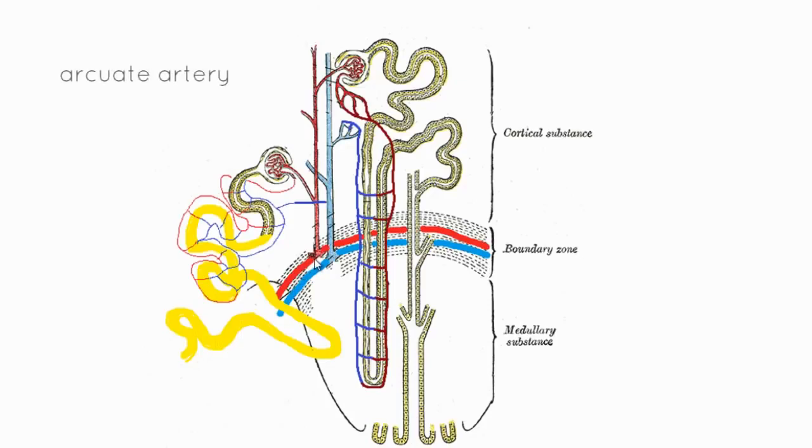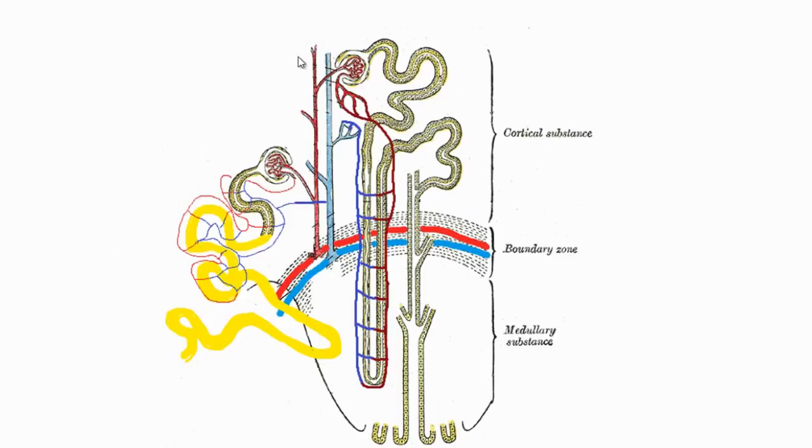So you can see our arcuate arteries in red arcing round the boundary, the border of the medullary pyramid, and you've got the corresponding arcuate vein. And coming off the arcuate artery and vein, you've got the interlobular artery and vein, so the interlobular vessels. So beneath these arteries and veins you've got the medulla, and outside is the cortex.